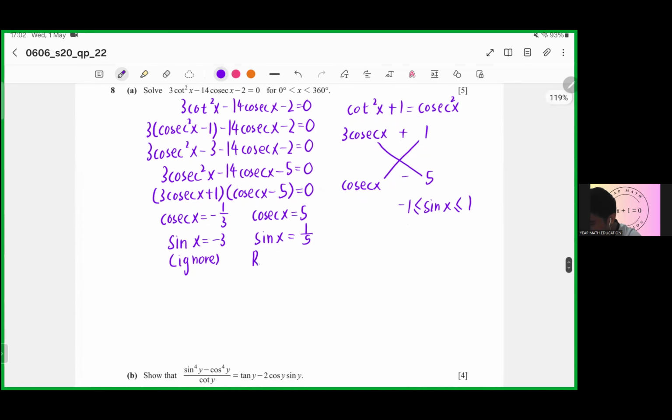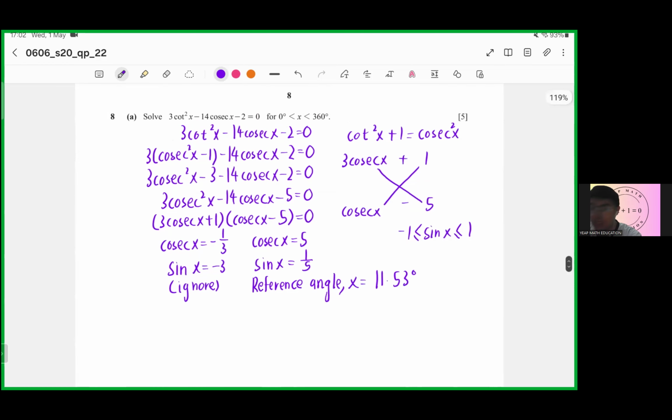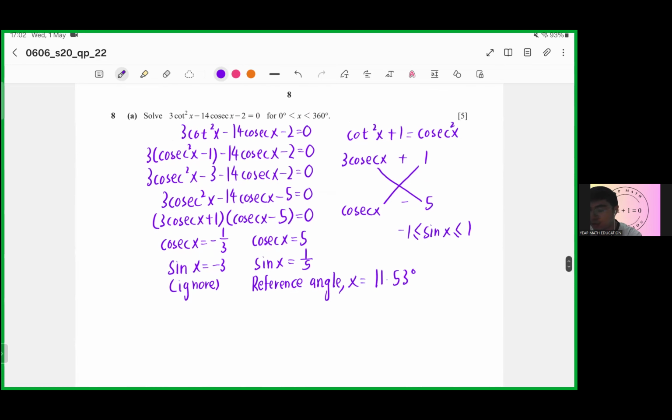Okay, now we need to find the reference angle. 11.53. Because the answers should be in degrees form.